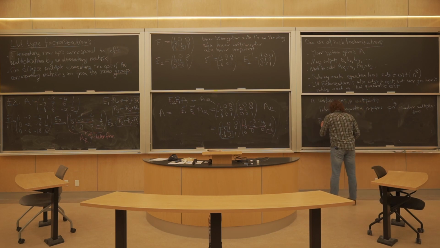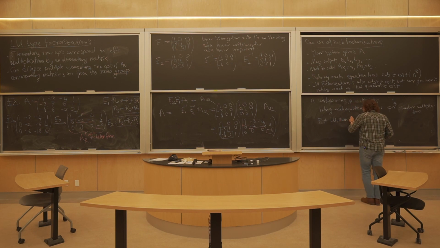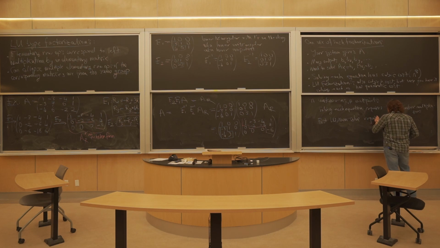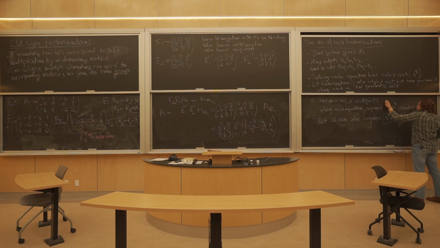First LU, then solve, requires n cubed plus p n squared multiplications. So this is your cost. You don't want this to grow as fast. This is much better than this.